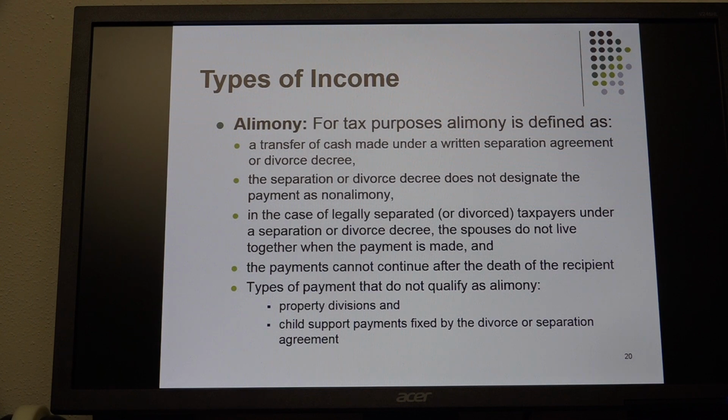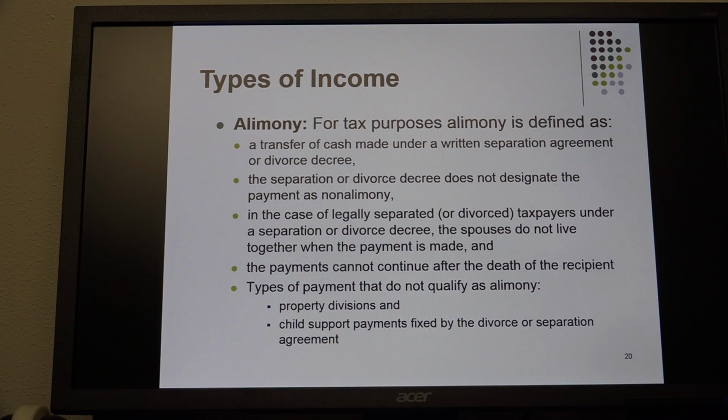The separation or divorce decree does not designate the payment as something other than alimony, such as child support or some sort of property settlement, transfer of a house, etc. And in the case of legally separated or divorced taxpayers under a separation or divorce decree, the spouses cannot live together at the time the payment's made.